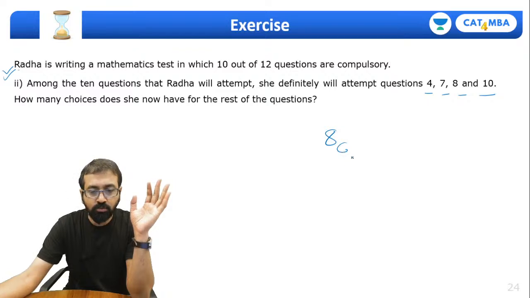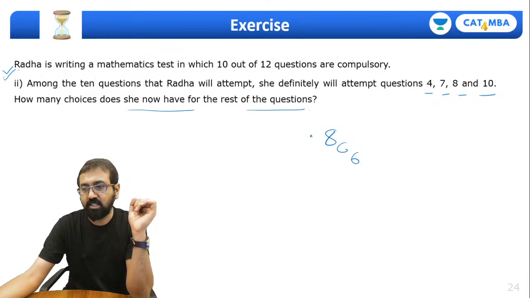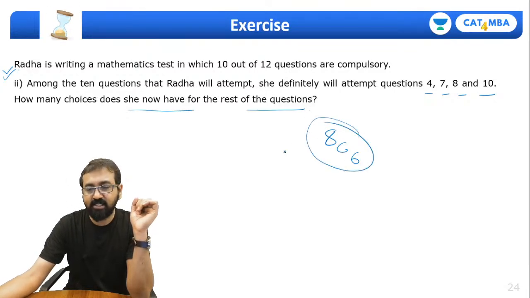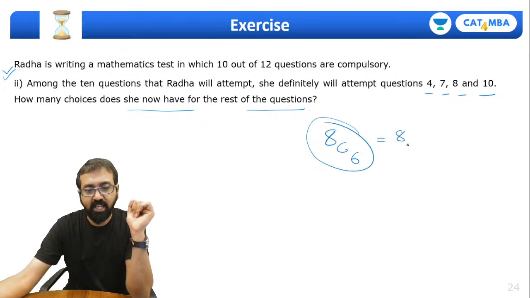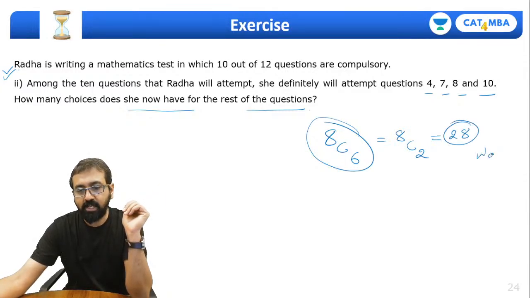And she needs to select 6 questions out of these. How many choices does she have for the rest of the questions? Can I say it will be 8C6, everyone? And 8C6 is nothing but 8C2, correct? So this will come out to be 8 into 7 divided by 2 factorial, that is 28. So 28 ways.